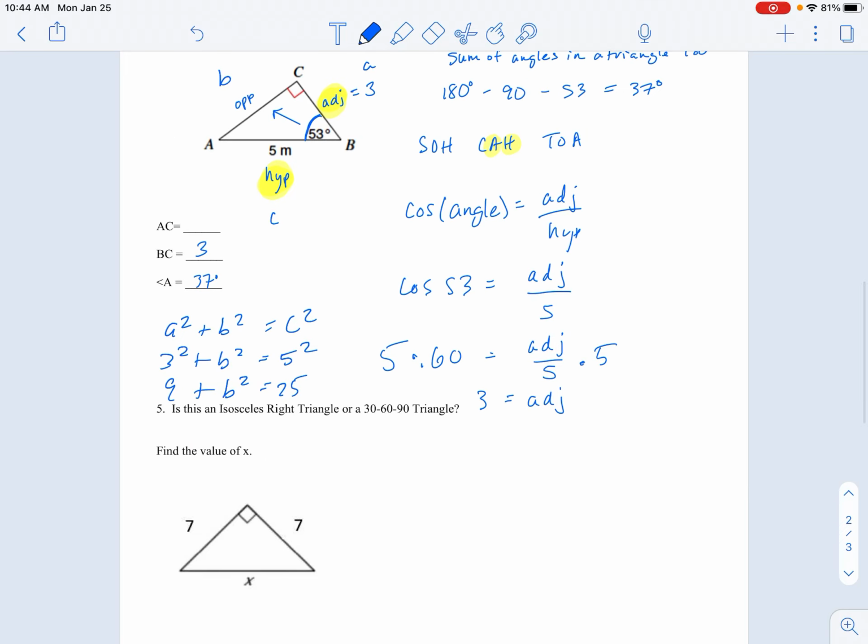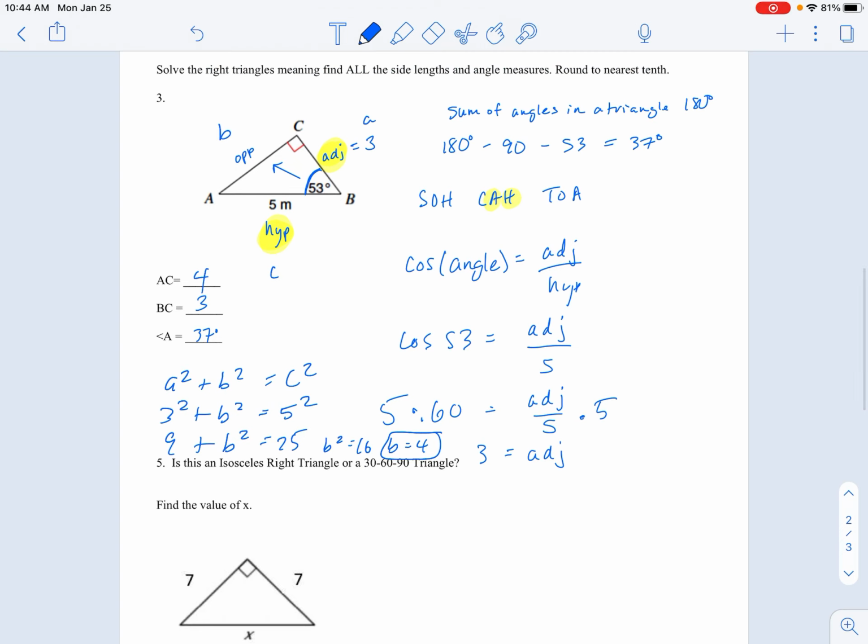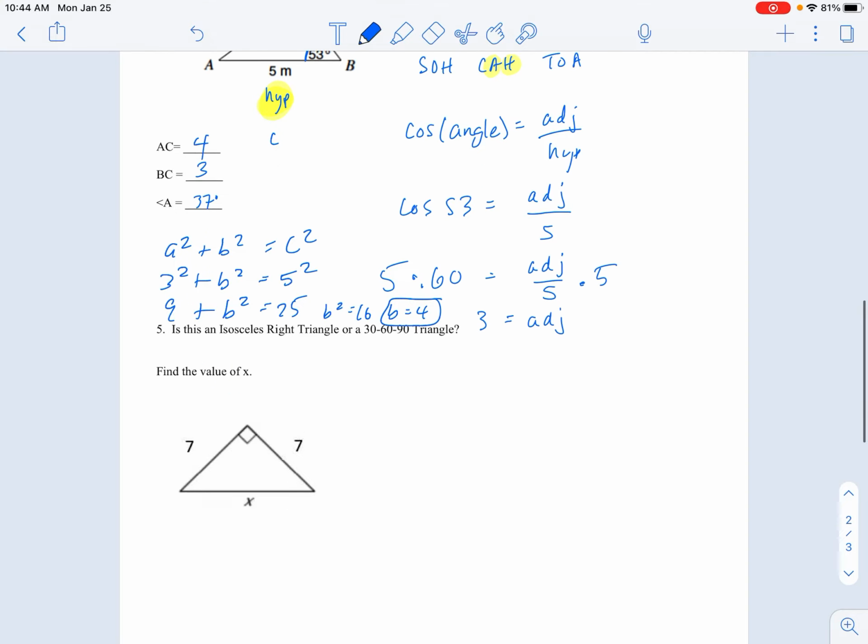When I solve this, I get B squared equals 16, so B equals 4. So I could solve it that way, or I could have used sine or cosine to solve it. That's called solving a right triangle. And it's really just, for our purposes for physics, we're just practicing so that when we see a right triangle in physics, we know how to approach it.